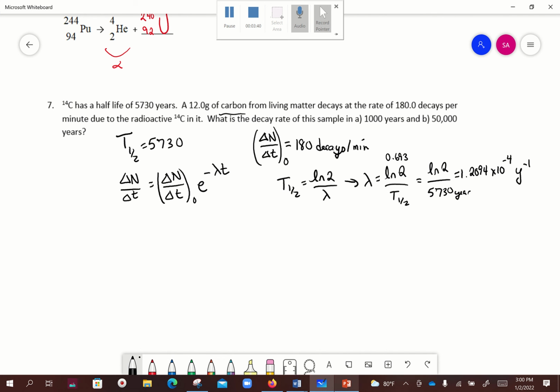Okay, so I've got my delta N over delta T0. I got my lambda, and I'm given the T in part A and part B. So this is just going to be plug and chug. So for part A, T is equal to 1,000 years.